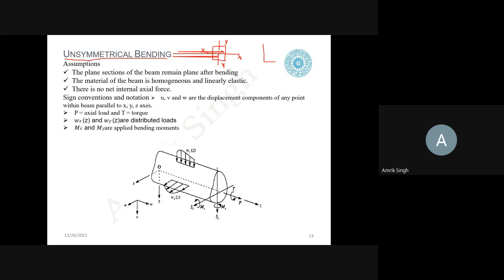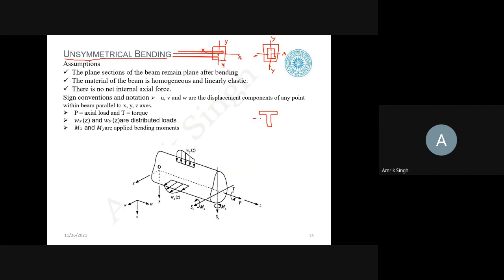Similarly, suppose you take a box section and locate the G. This also is symmetrical about the x-axis and about y. If you take an H beam also, it is the same. But if you take a T beam, it is symmetrical about one axis.